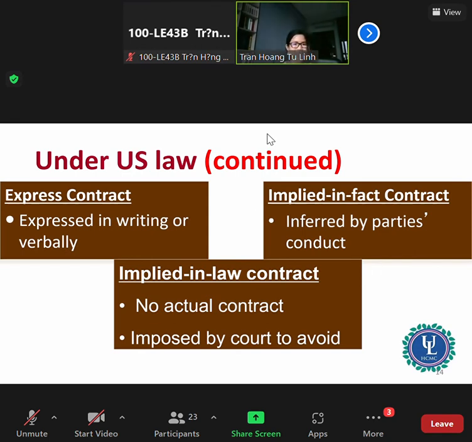What do express and implied mean? What do we mean by express or implied?